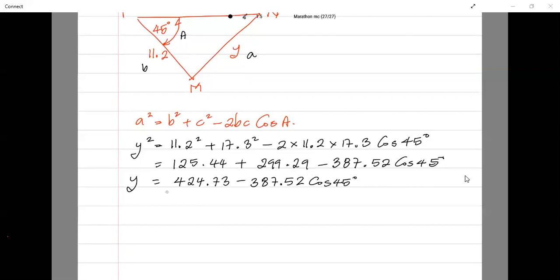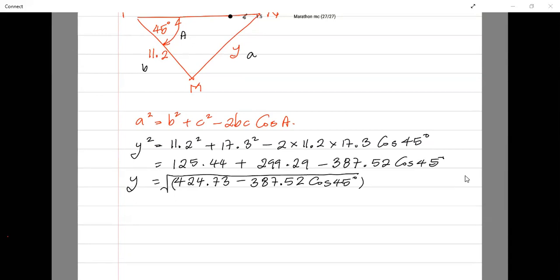Now the opposite of square is square root. All I have to do is find the square root of this. Y squared is equal to all of that. So if I want to find out what Y is, which is MN, I need to find the square root of all of that. All I have to do is put it exactly like how you see it in the calculator and press equal. We must remember to use those brackets. Without the brackets, you're going to get it wrong.